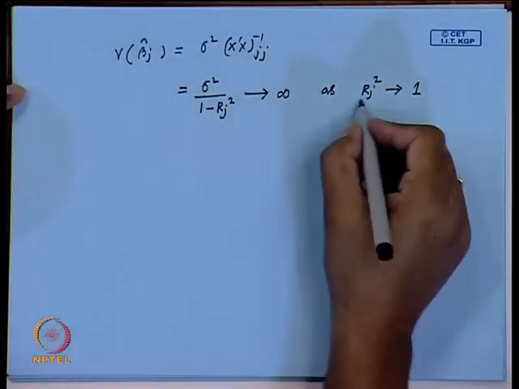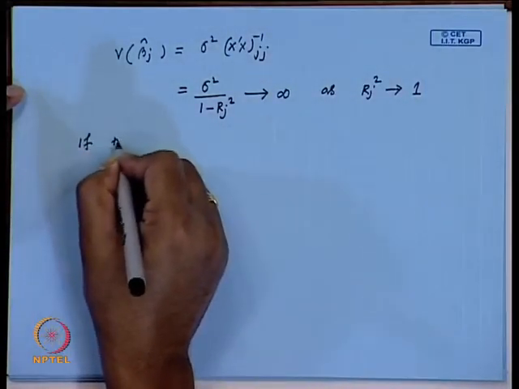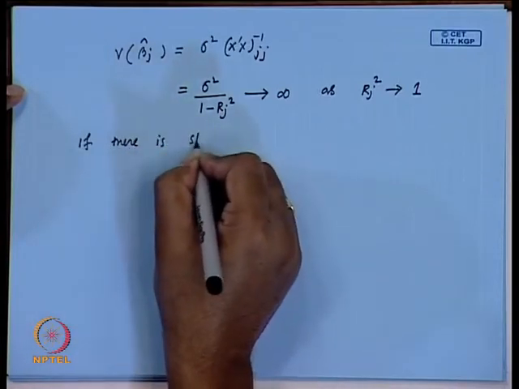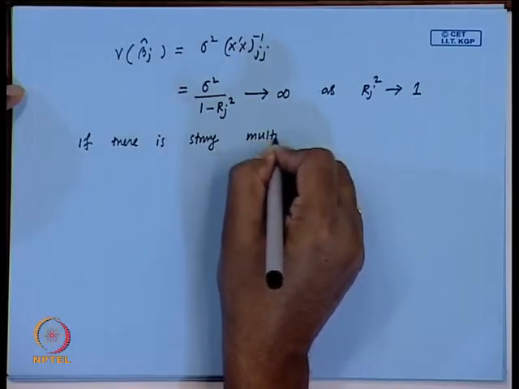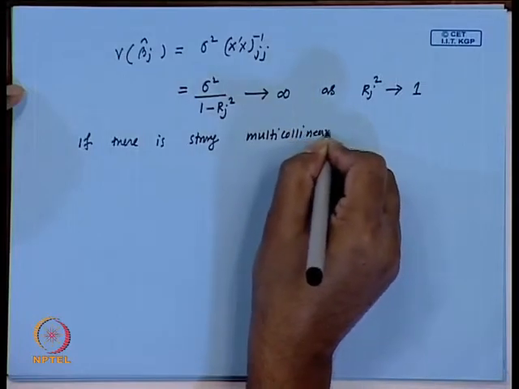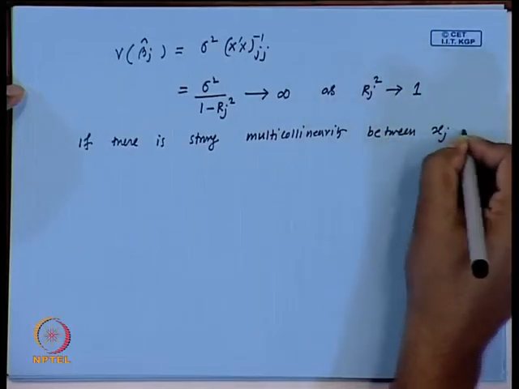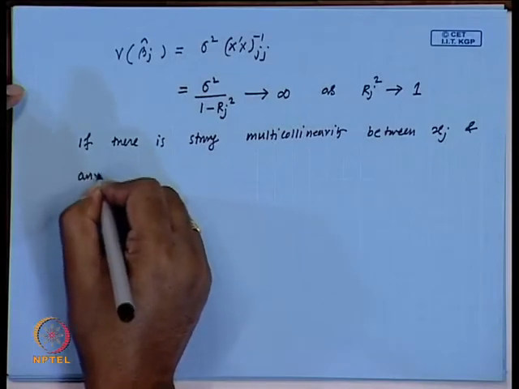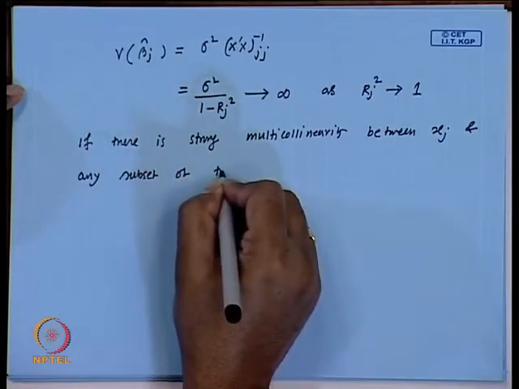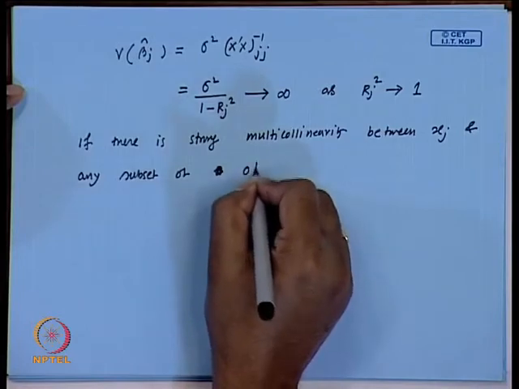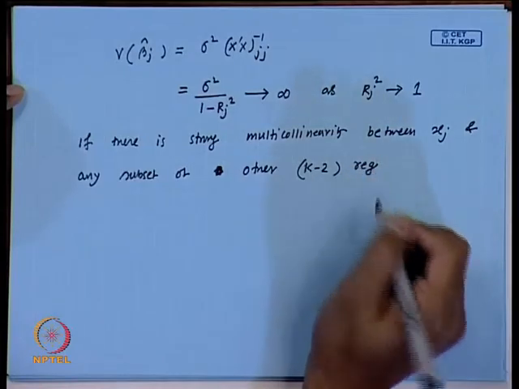Rj square tends to 1 will happen if there is strong multicollinearity between Xj and any subset of the other k minus 2 regressors.